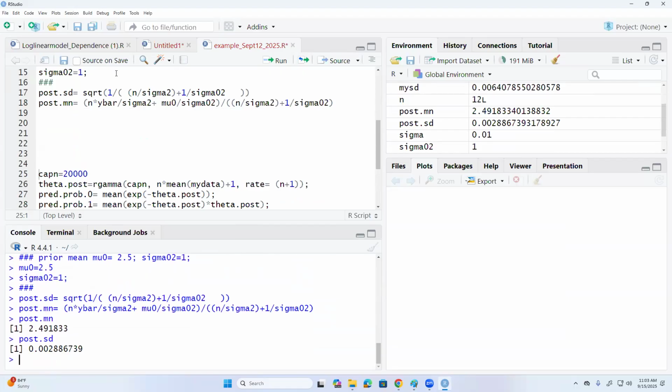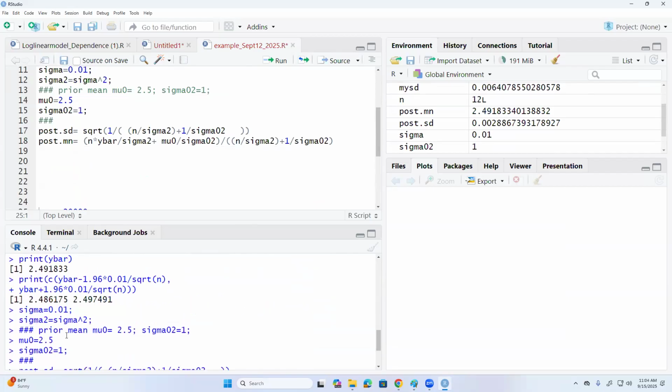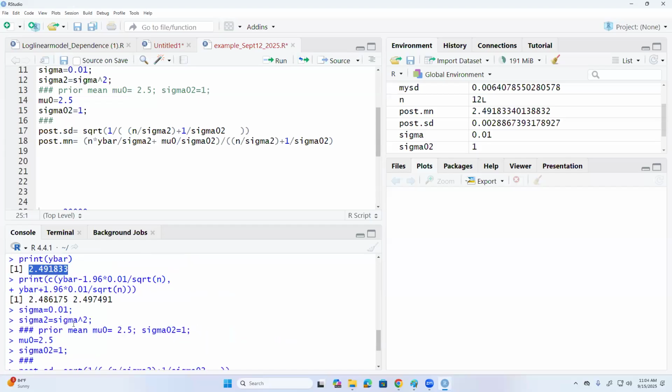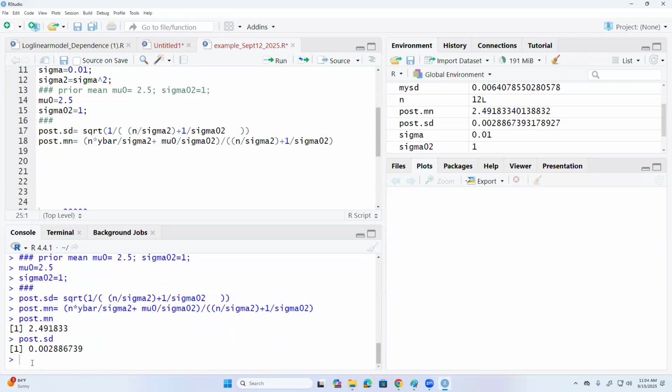And what was the classical estimate? Classical estimate was 2.491833. So it is the same, it is coming out. And the 95% confidence interval was 2.486175, 2.49749. Okay, so that is good.